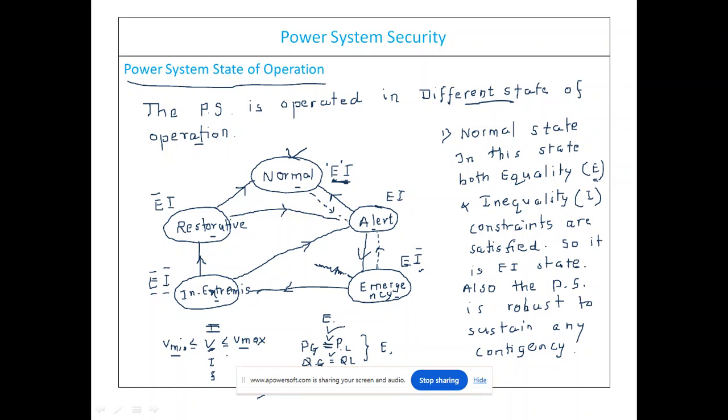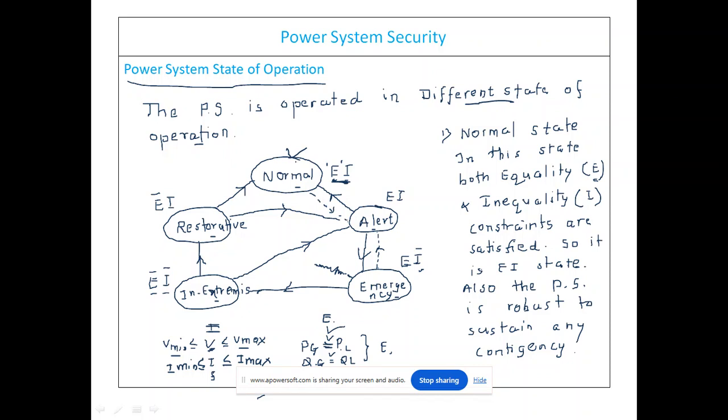Similarly, current, if it is less than some I max value and greater than some I min value, then also it is satisfying the inequality constraint.